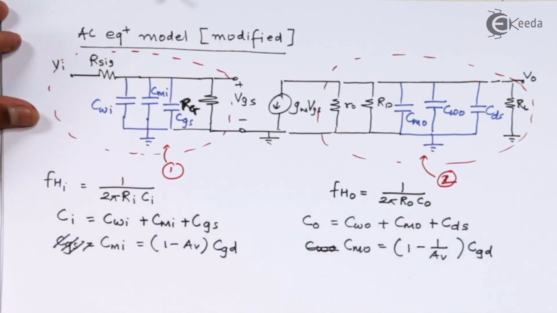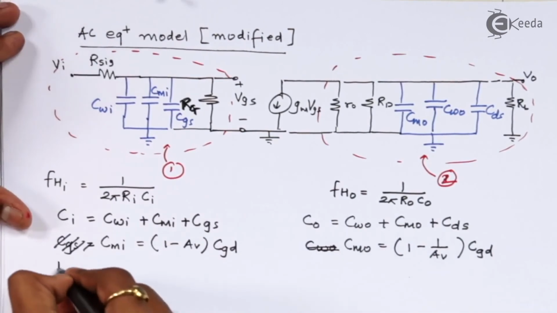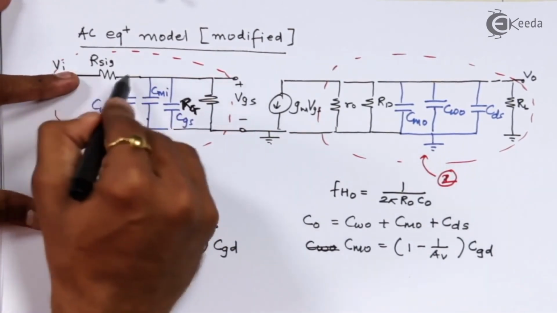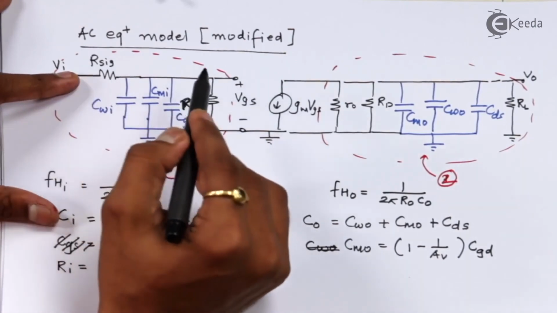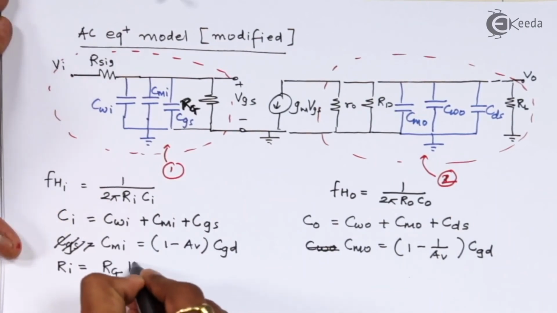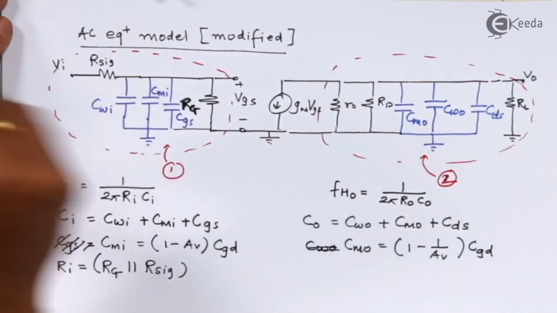So as far as C is concerned, that part is over. How to calculate the value of R? Ri is the parallel combination of the signal resistance, or input source resistance, with Rg, the gate resistance.